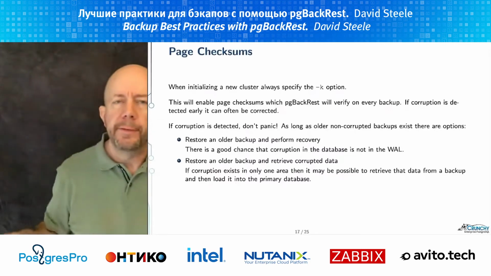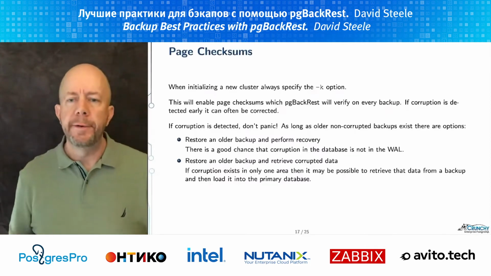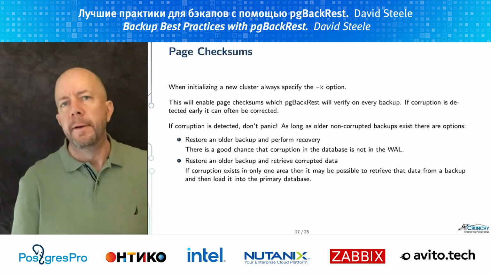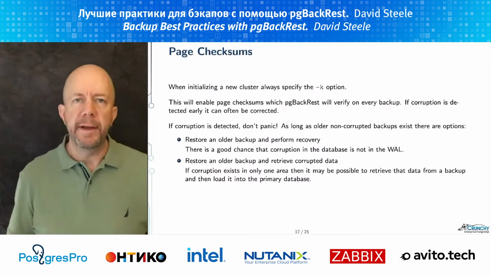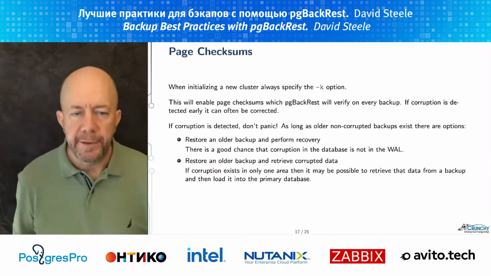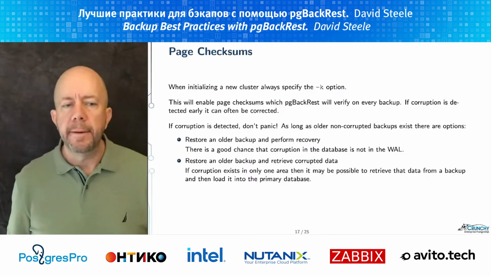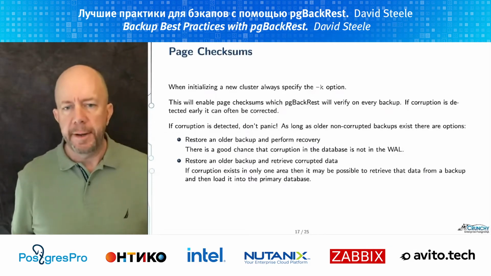Another thing you can do is that sometimes the corruption is just in one area. So once you fix your I/O issue, you might be able to just go restore that table from an older backup. Let's say it's some kind of dimension table or something that doesn't change very often. If you can verify that it hasn't changed since X date, then you can go and retrieve that data and then load it back into the primary database.